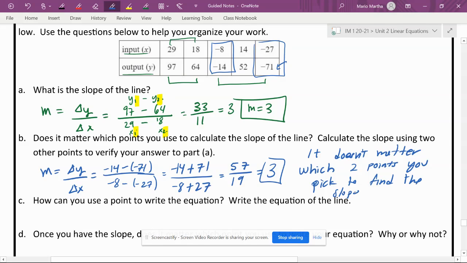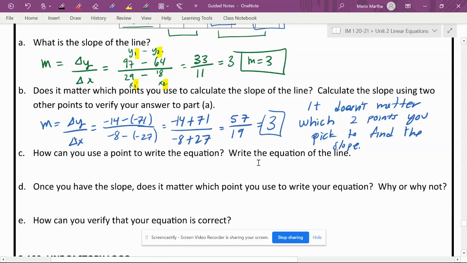All right. And then on the next one, how can you use a point to write the equation of the line? If you remember from the previous lesson, we can use the point by substituting into the equation.